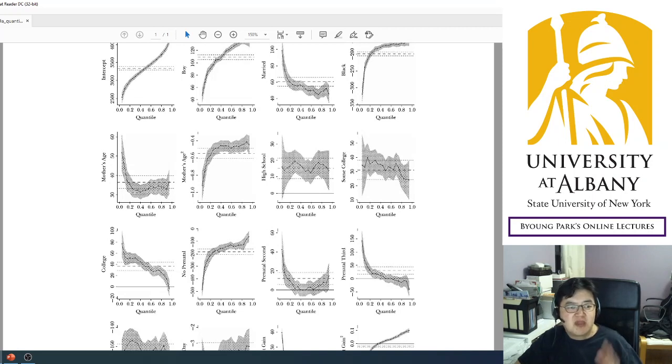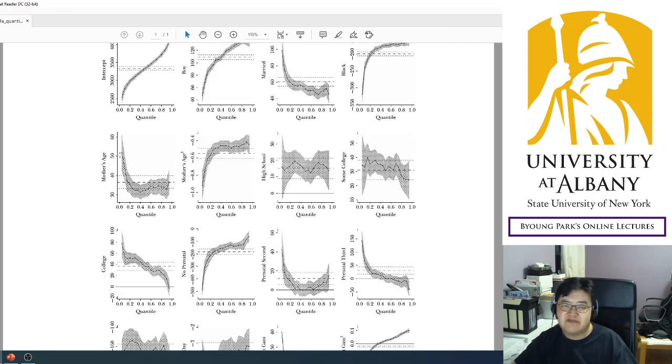So from these two graphs, the average estimate, the mean regression, is not wrong, but it is not exactly what we want. If you look at the distribution from the quantile regression results, you can say that most of the effect of mother's age is particularly concentrated on the lower quantiles.